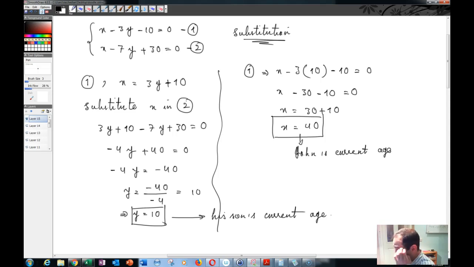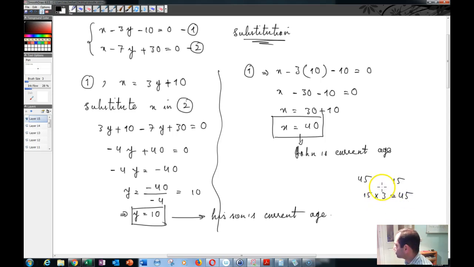Okay, and the condition that we had there was that 5 years from now, John's age will be 3 times that of his son's age. So 5 years from now, John is going to be 45. His son is going to be 15. So that's 15 times 3 is equal to 45.